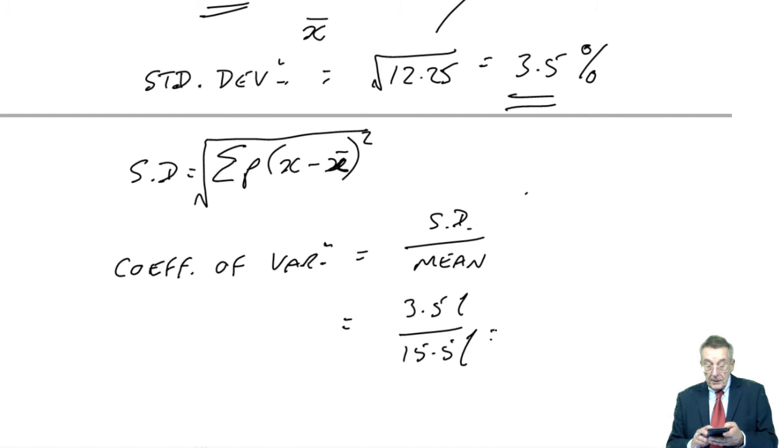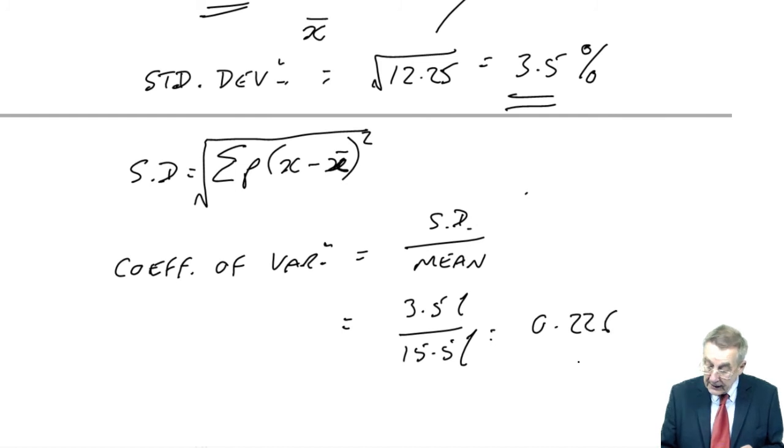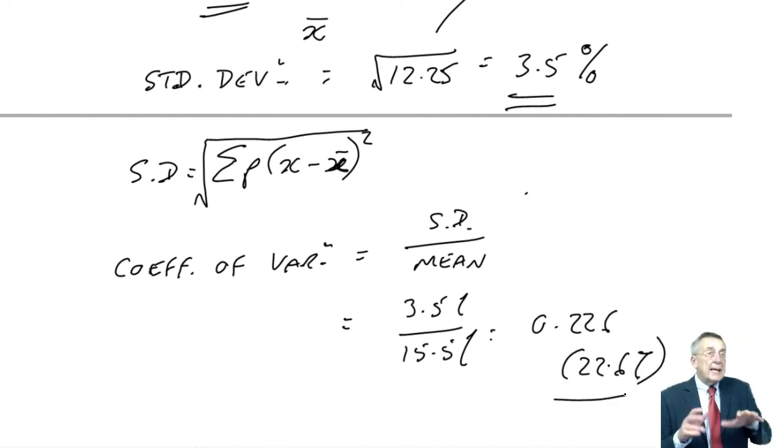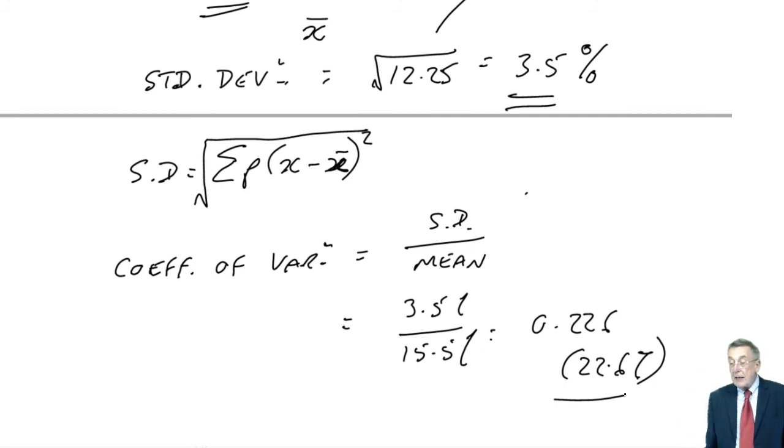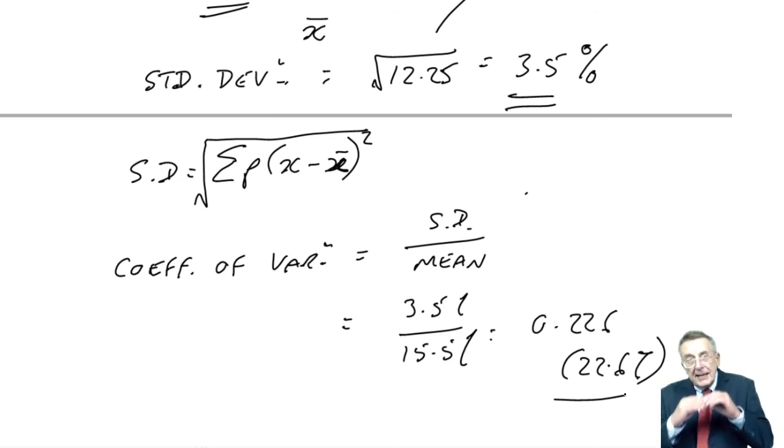And so what does that come to? 0.226, or if you want, 22.6%. So it gives you just an indication of how big is big. If this was 80%, good heavens, there are huge ups and downs. If this was 2%, very tiny ups and downs. It just makes it a more relevant, relative figure.